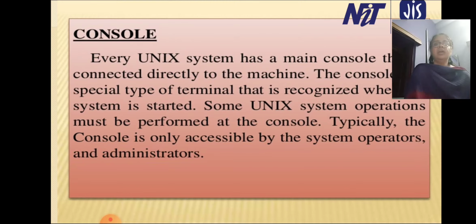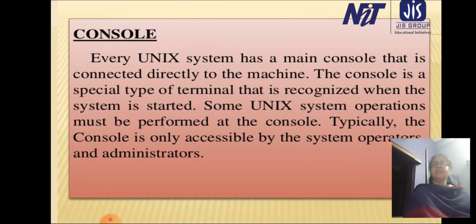Console. Each Unix system has a main console that is directly attached to the machine. The console is a special type of terminal that is recognized when the system is started. Some Unix system operations must be performed at the console.